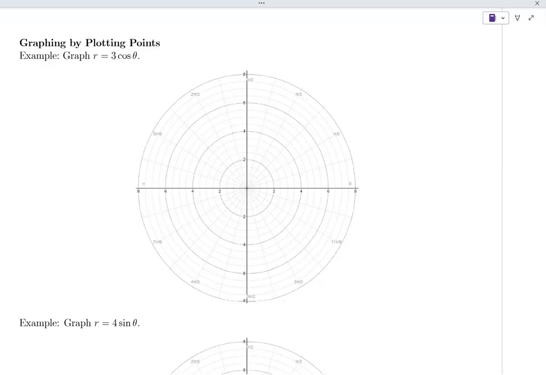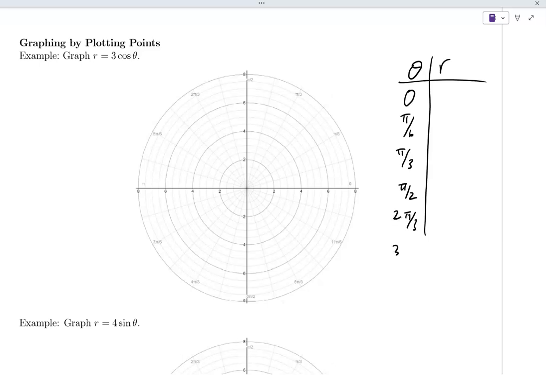All right, so let's make a table. Let's pick some good theta values that we might know the function values for here. Let's say we use 0, pi over 6, pi over 3, pi over 2, 2 pi over 3, 3 pi over 4, pi.